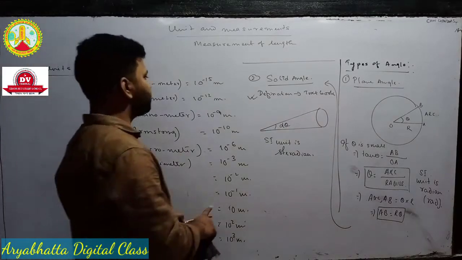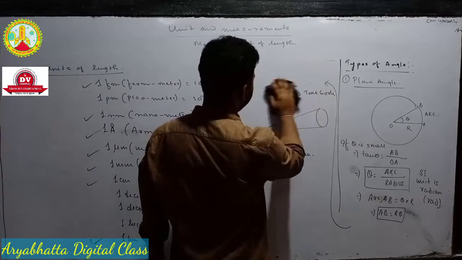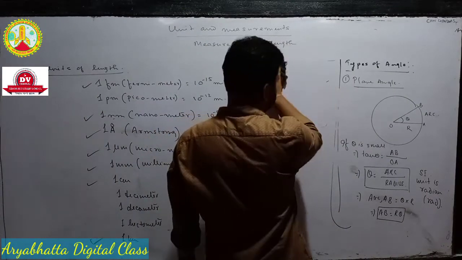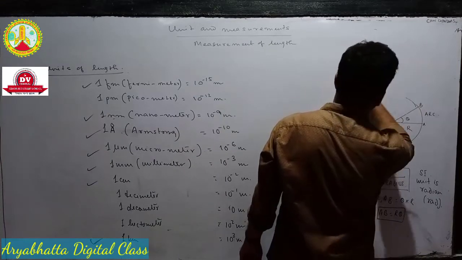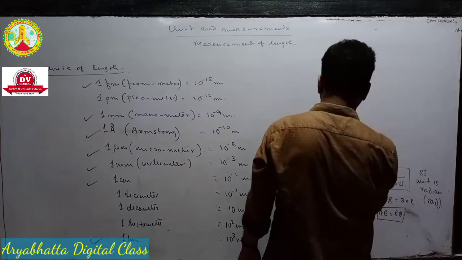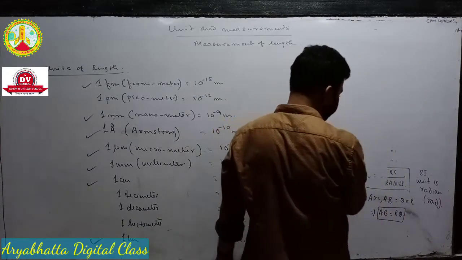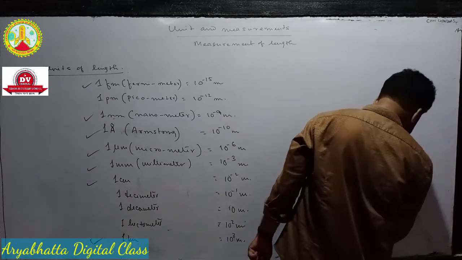Now, some bigger units of length, about which you will definitely get a question in the exam. These are some bigger units of length. Bigger means extremely bigger units of length.